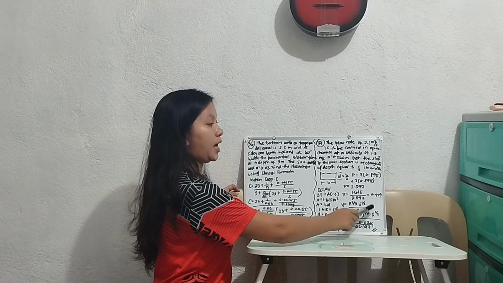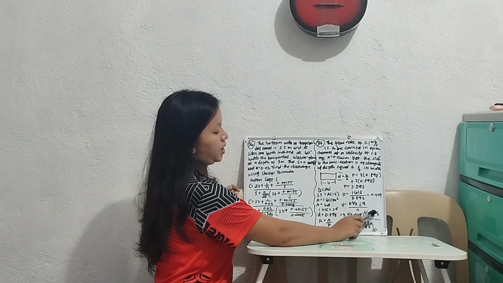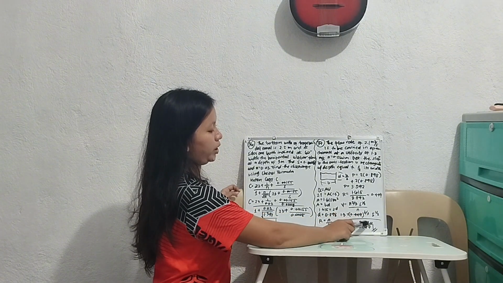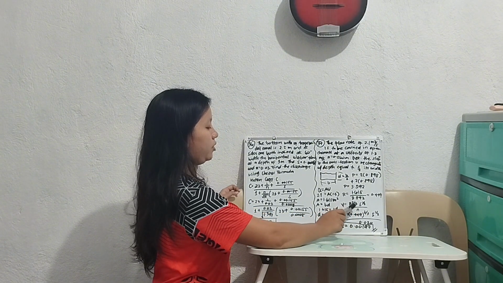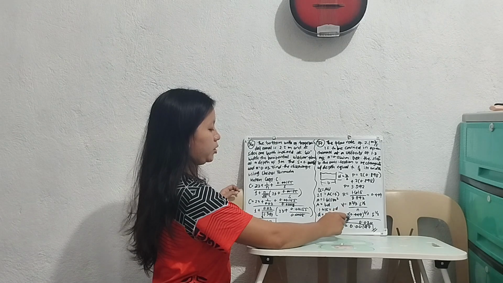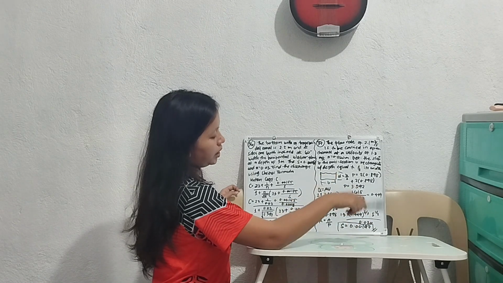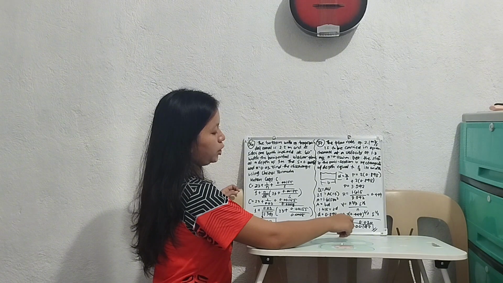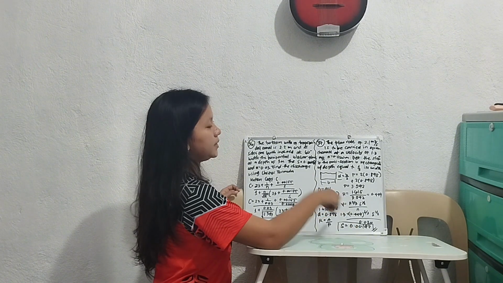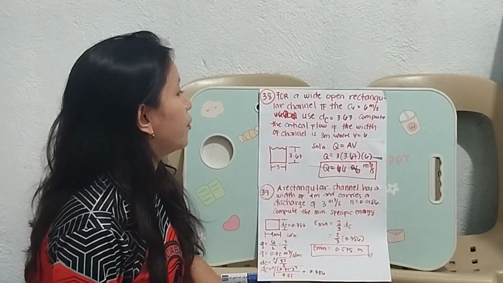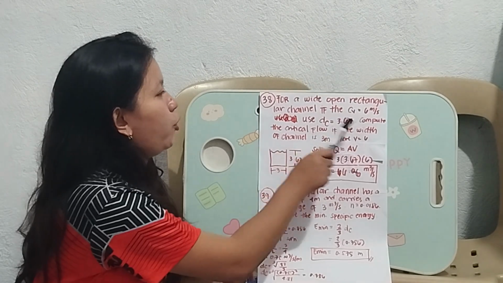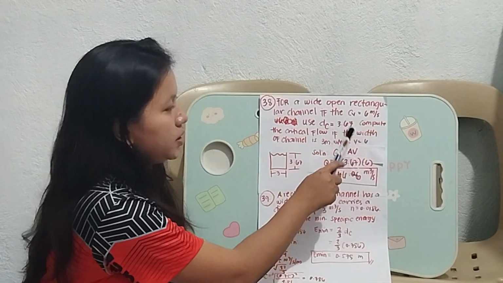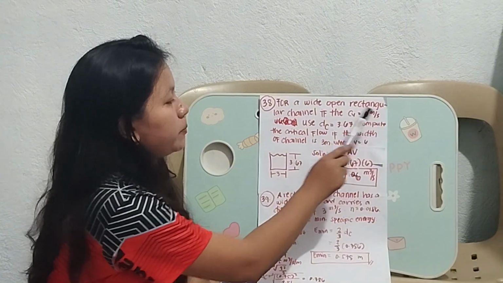Then what we need to find is the slope, S, over our N, which is 0.20, and then we have the velocity of 1.3 meter per second. So to calculate that, we came up with an answer of the slope is equal to 0.00197.